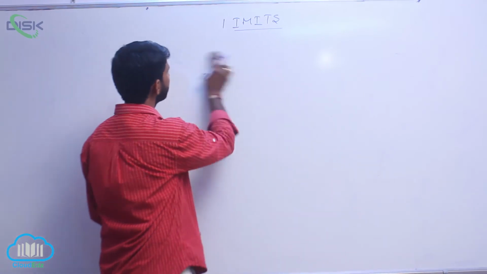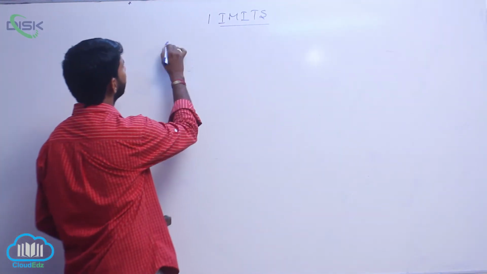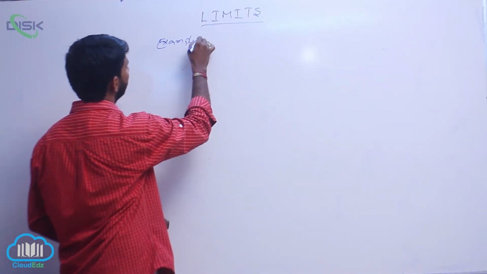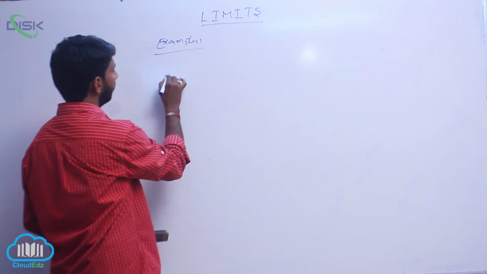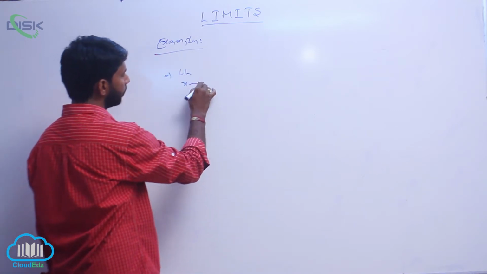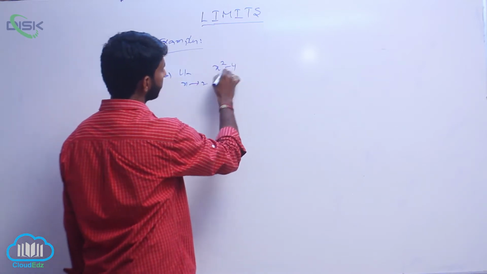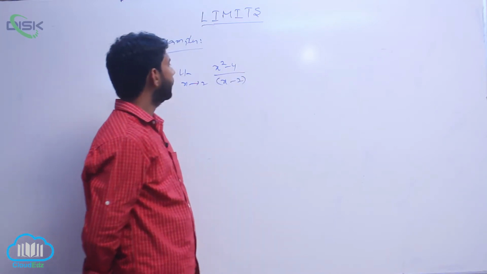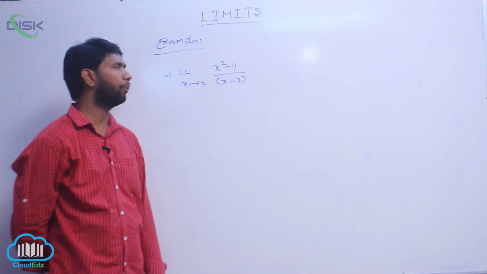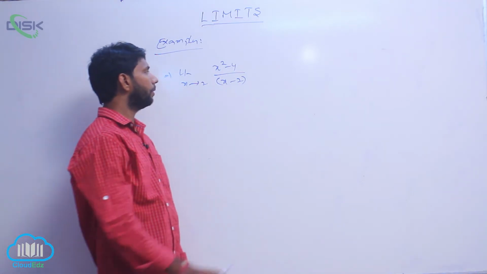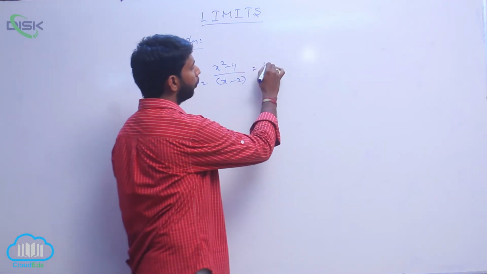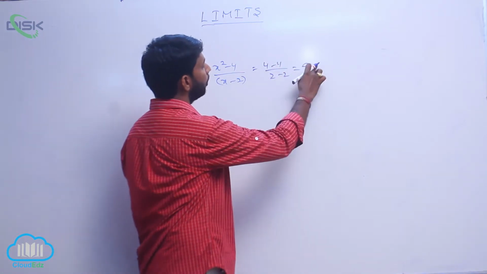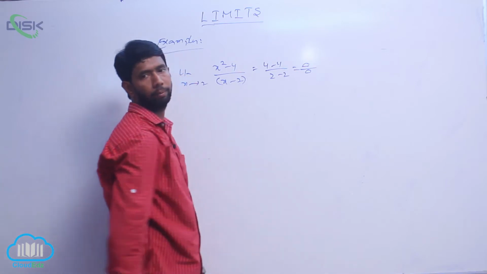And next, let's go to some examples. First one: limit x tends to 2, x square minus 4 by x minus 2. First of all, substitute the limit: it is 4 minus 4 by 2 minus 2, which is 0 by 0. 0 by 0 means indeterminate form.